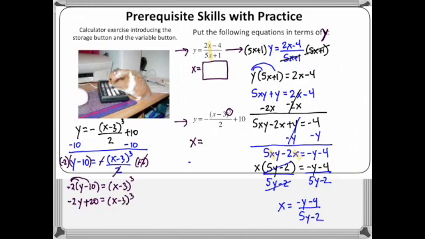Now, what I'm going to do here is a trick that we learned in our math 2 and 3 days, is that to undo this guy, I'm going to raise each side to the 1/3 power, like this. And the reason being is that when we raise a power to a power, we multiply these together, so 3 times 1/3 is going to give me 3 over 3, which is 1.